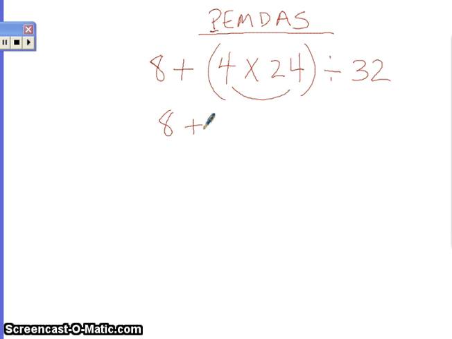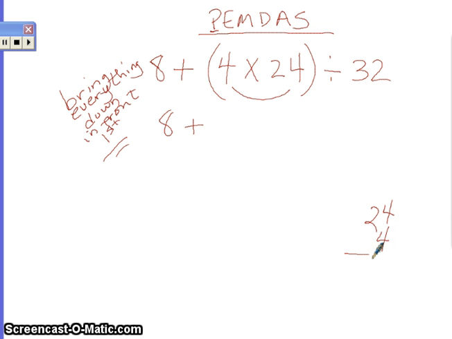So we see if there are any parentheses, and there are. Before you start solving the parentheses part of the problem, it's very important that you bring everything down in front of the parentheses. That's a mistake some kids commonly make. So you bring down that 8 and the plus sign, and then you solve what's in the parentheses.